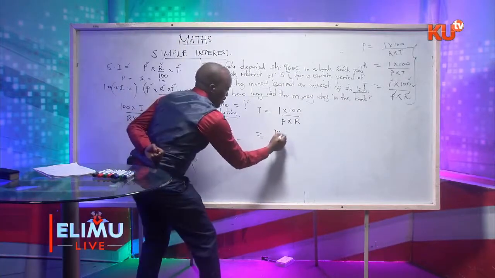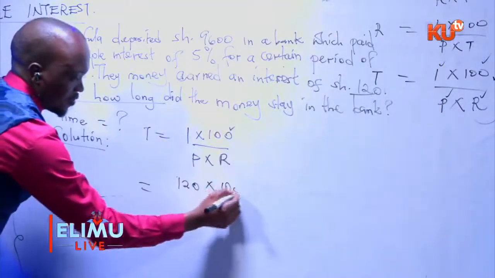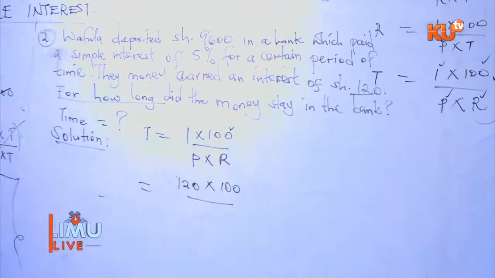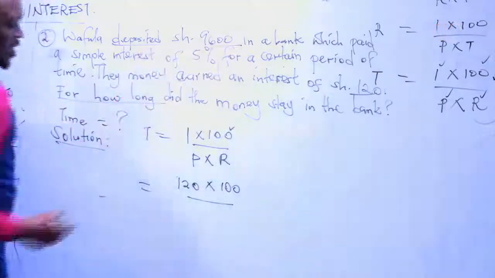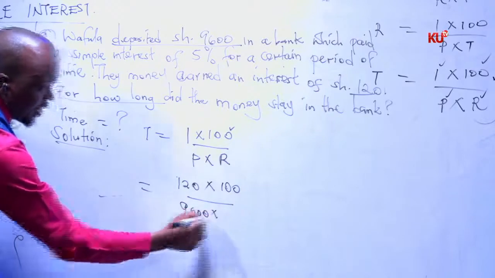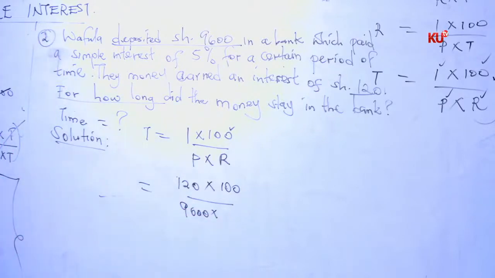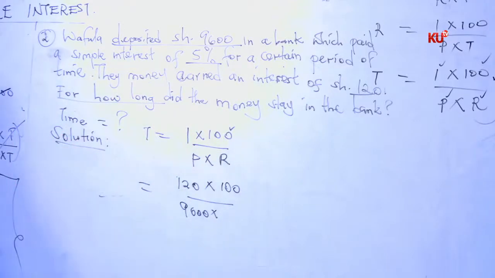So you put 120 times 100 over the principal. And in the beginning, I said that principal is the same as money borrowed or money deposited. So the principal becomes 9,600 times rate. And our rate here is 5%. I said that rate is always given in percentage.